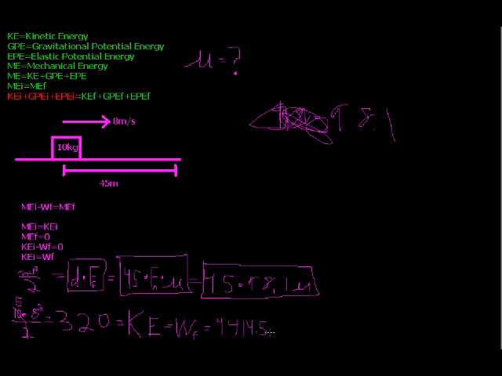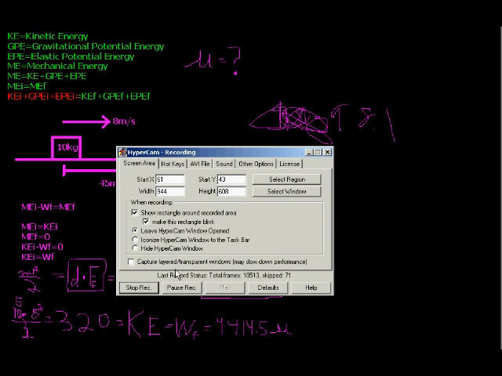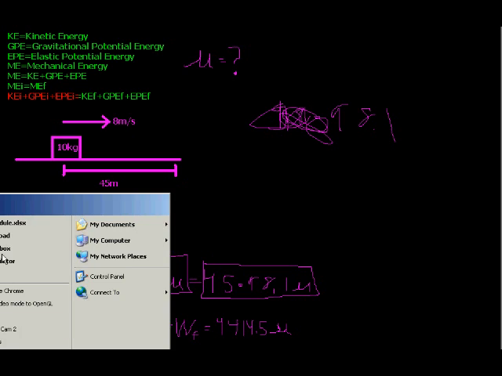So it's that times mu, and this, if you can't solve the equation 4,414.5 times mu is equal to 320, if you can't solve that, go back to pre-algebra, because that's really simple, right? So, wrong window, handy dandy calculator.